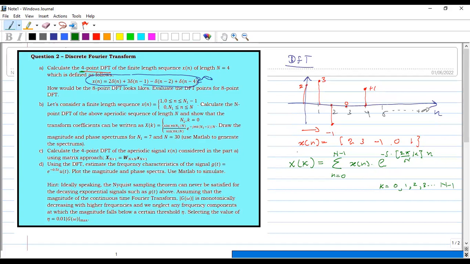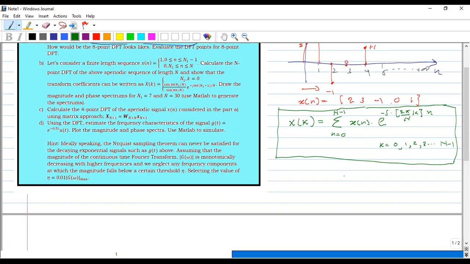This is the definition for the N-point DFT, and we have to use it here.